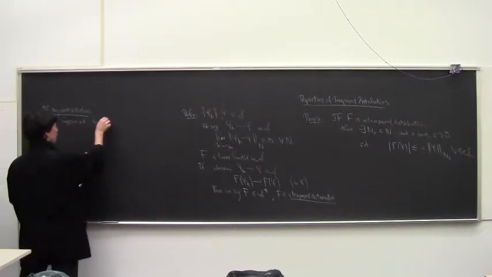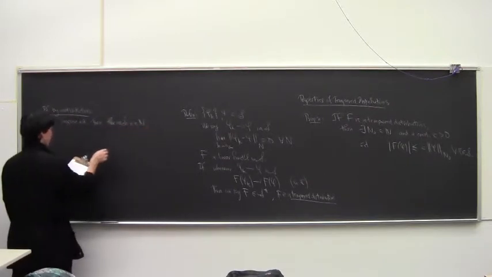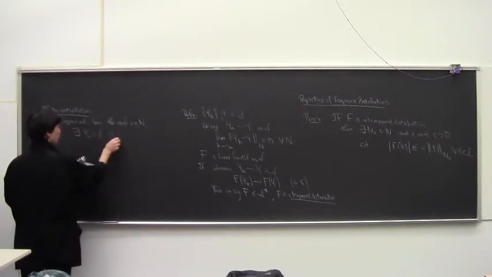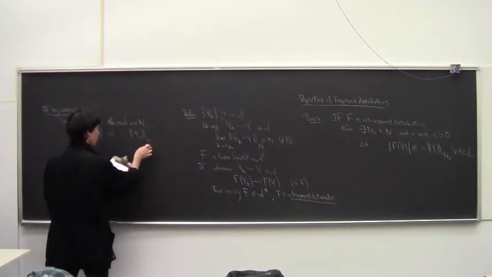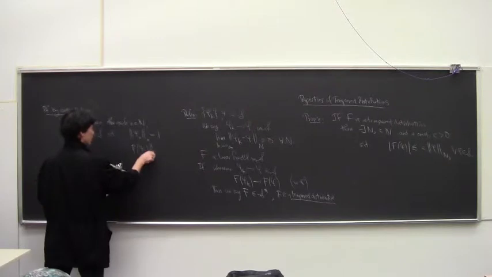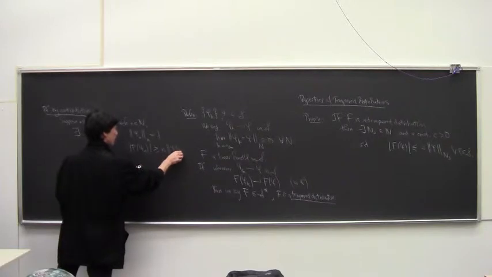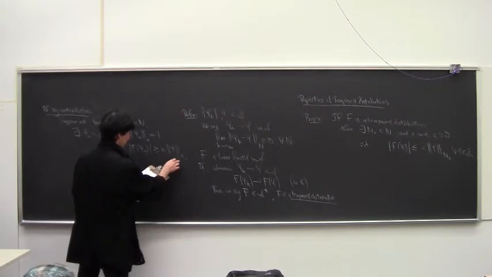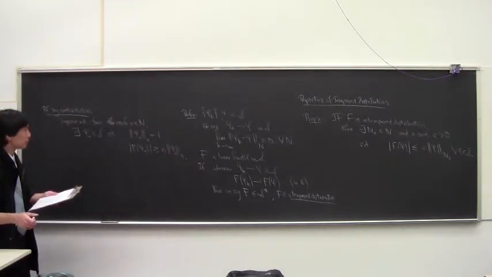Then, for each n, you can find some psi sub n in S such that the nth norm of psi sub n is 1, and the size of f of psi sub n is bigger than n.